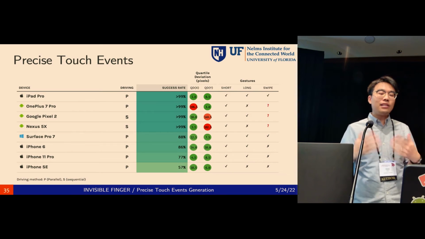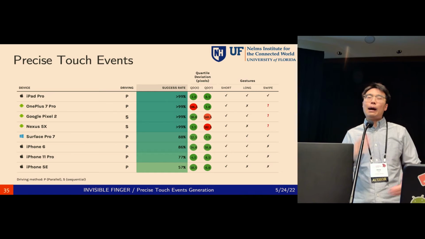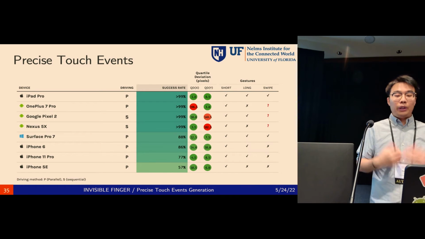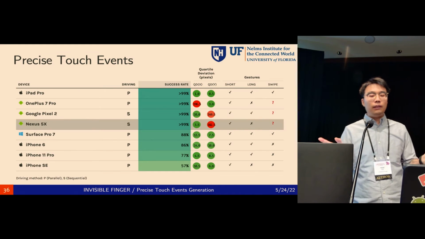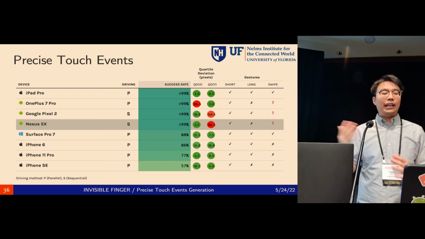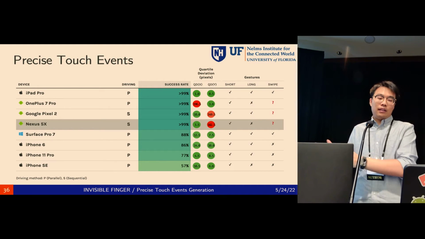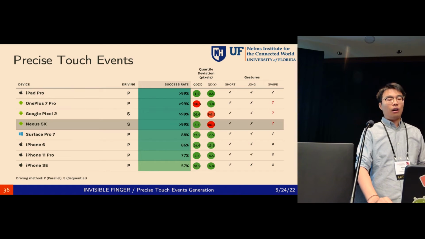So we tested our attack on different smartphones and tablets from different vendors, including Apple, Google, OnePlus, and even Microsoft. And we show that all the devices are vulnerable to our attack. The previous timing-based IEMI injection, which was published before, was only tested on the Nexus 5, so we increased our test bench largely.